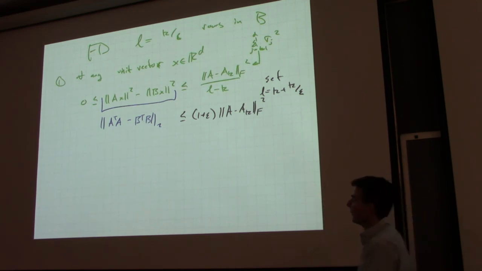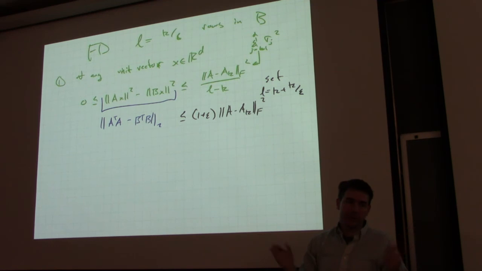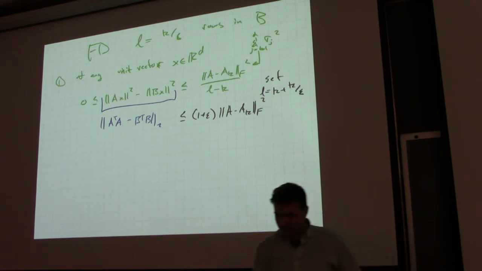So I can write down the d by d covariance matrices, and those are always going to be close, if you're used to thinking in those terms.